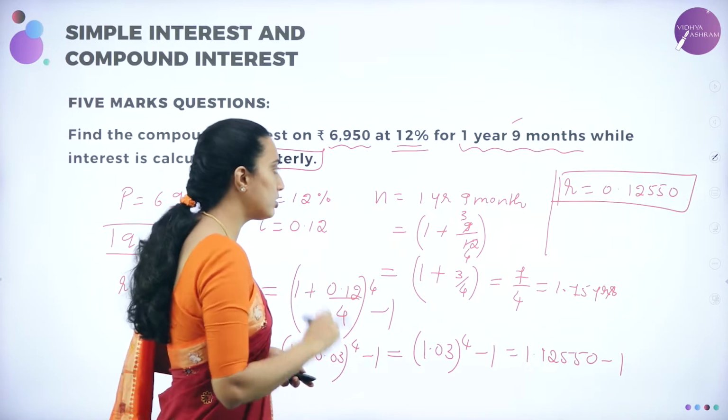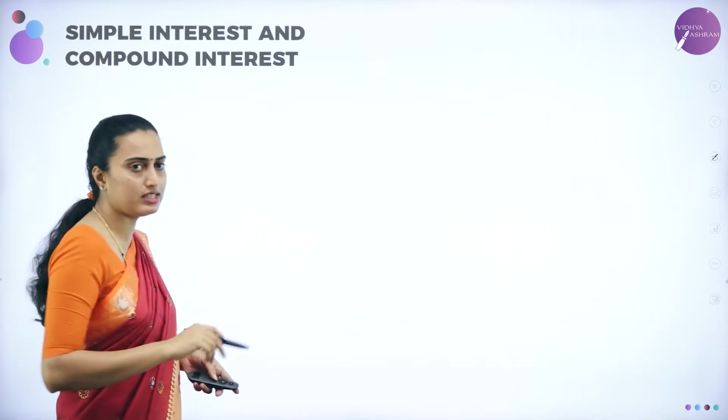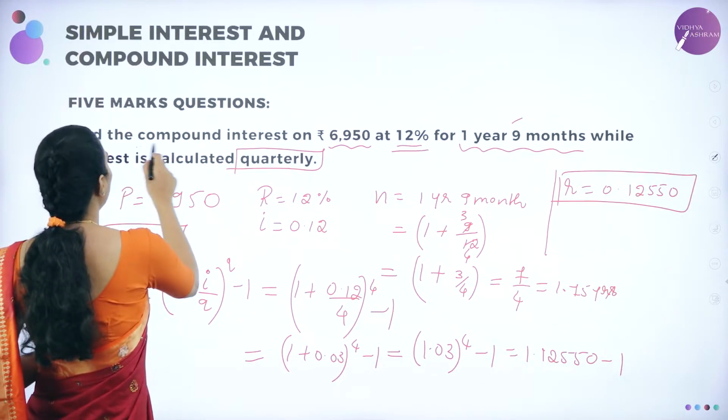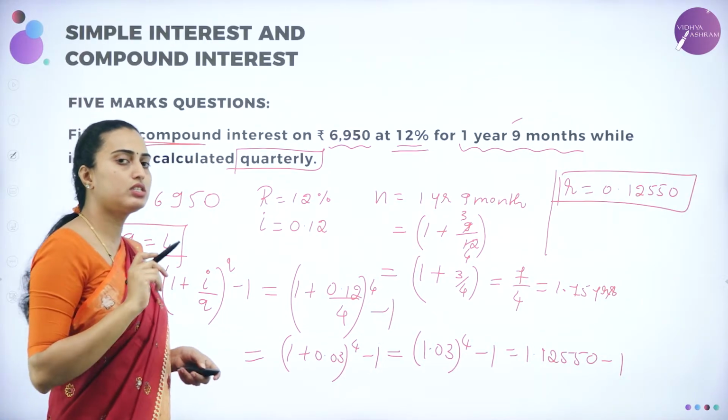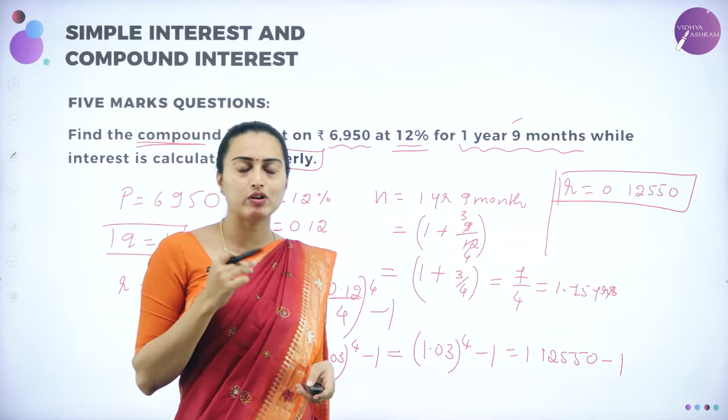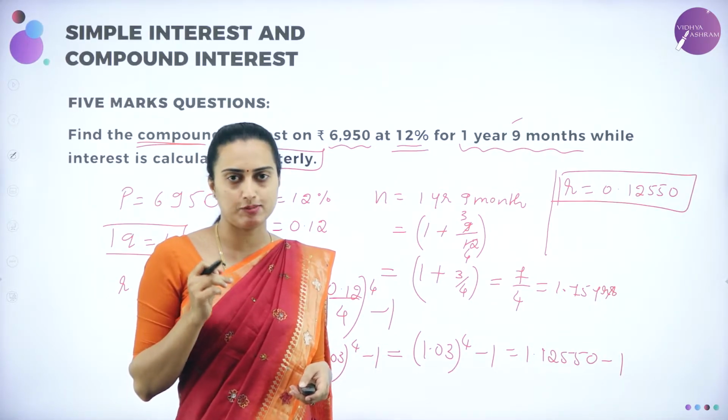Now by using this you are going to calculate A, because they have asked you to find the compound interest. Compound interest is given by A minus P. I need to find A now, because CI is given by A minus P, isn't it?